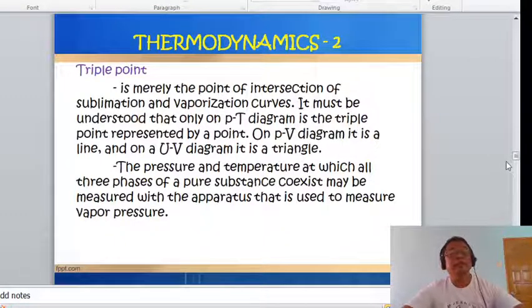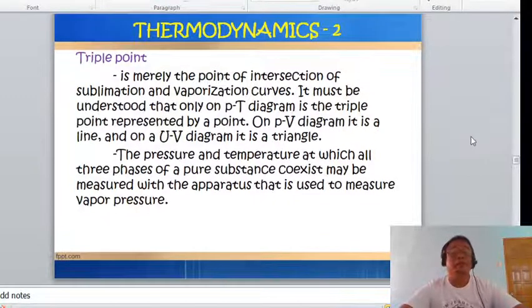And on an internal energy versus volume diagram, it is represented by a triangle. The pressure and temperature at which all three phases of the substance coexist may be measured with the apparatus that is used to measure the vapor pressure. It is, class, very difficult to just imagine without looking at the diagram.